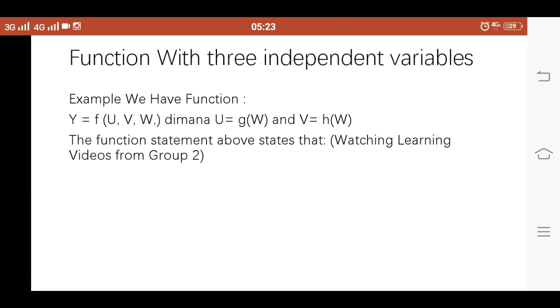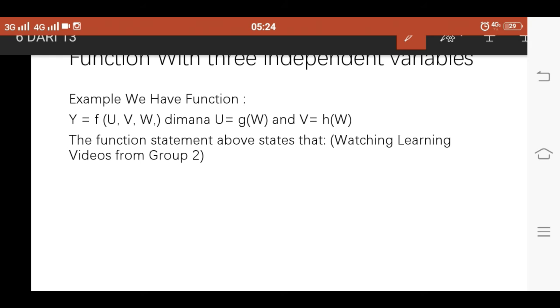Okay, I will explain about the function with three independent variables. For example, we have the function y = f(u, v, w), where u = g(w) and v = h(w).